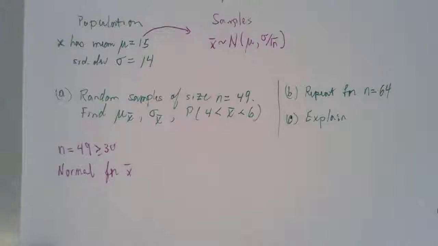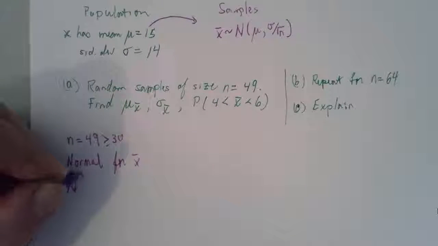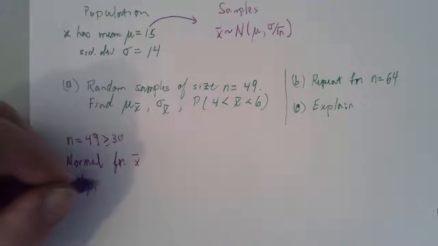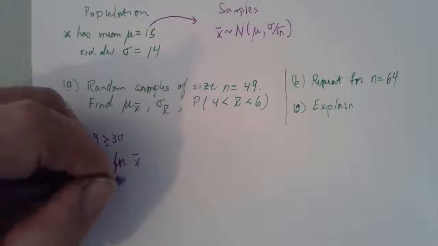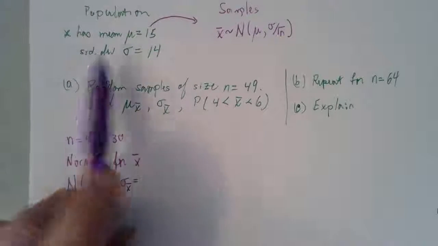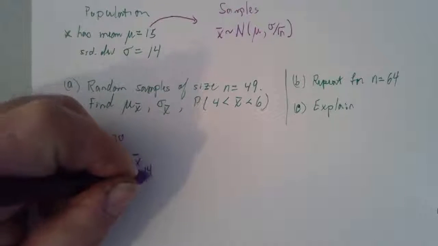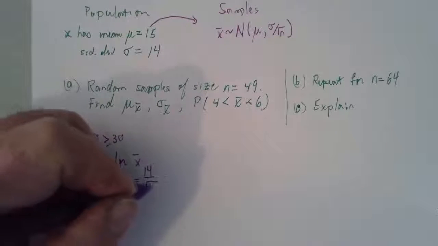And that normal distribution has a mean and a standard deviation. The mean is mu, which is 15. And the standard deviation for x bar is the standard deviation from the original population, 14, over the square root of the sample size, which is 49.